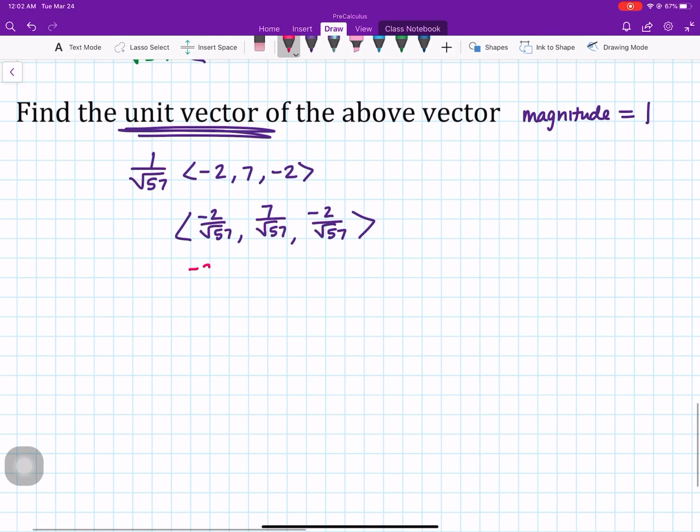So then you can be a good math student if you would like and rationalize your denominator. This one turns out pretty simple because none of these are divisible by 57. And there you have it, a unit vector, a vector with a magnitude of 1.